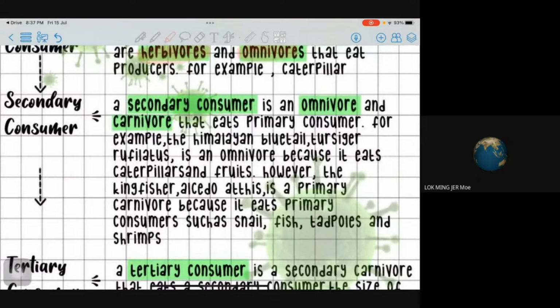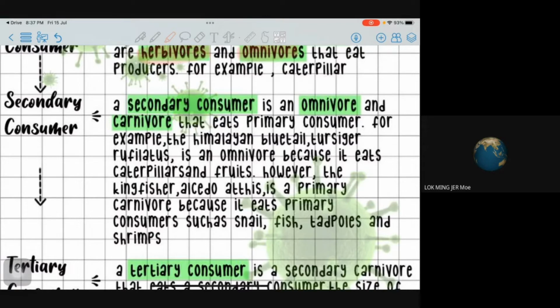However, the kingfisher is a primary carnivore because it eats primary consumers such as snail, fish, tadpoles, and shrimp. You already know what is meant by carnivore, herbivore, and omnivore. I repeat again: omnivore eats both meat and plants, herbivore only eats plants, and carnivore is like T-Rex, only eats meat.